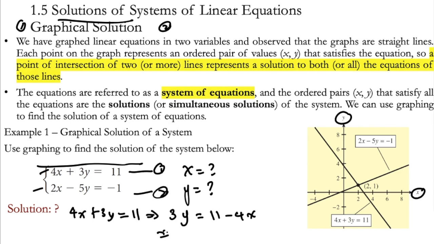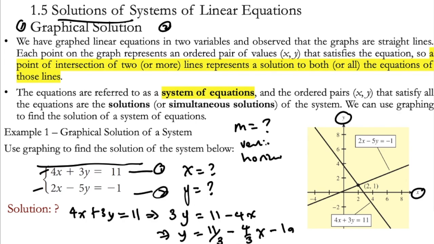Then we simplify it further. y equivalent to 11 over 3 minus 4 over 3x. So once you have this equation, which comes from equation 1, let's call this one equation 1a, then what you need to find here is the m, or the slope, and you also need to find the vertical intercept and also horizontal intercept.